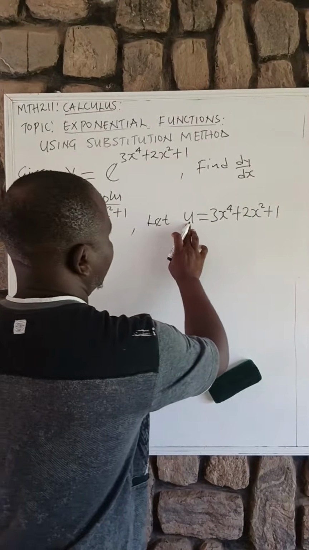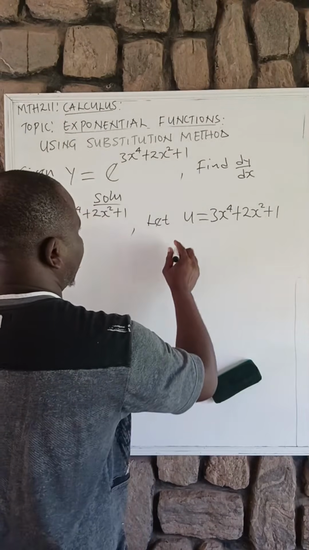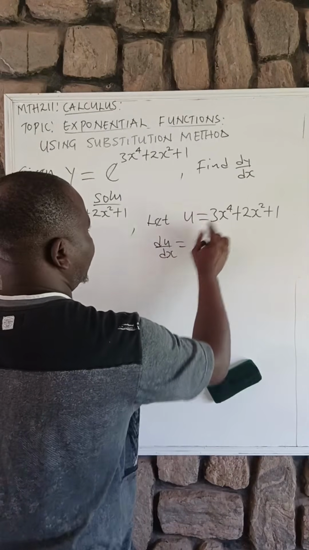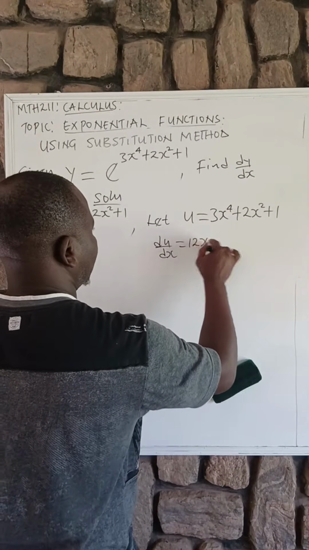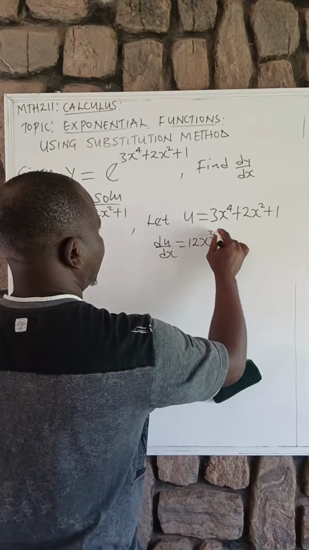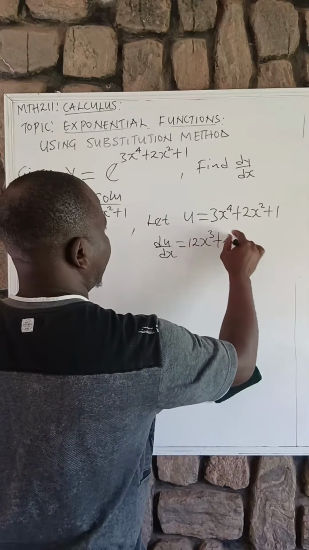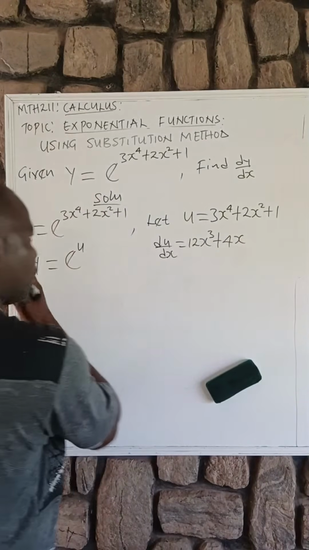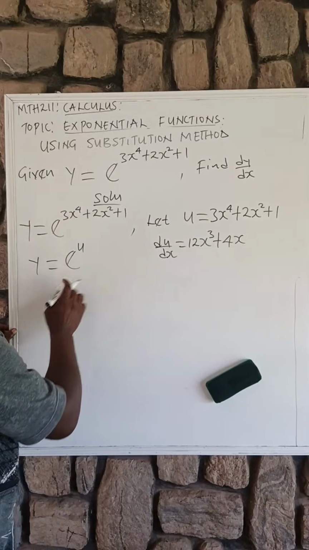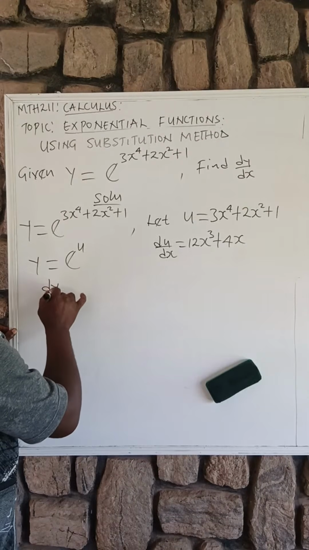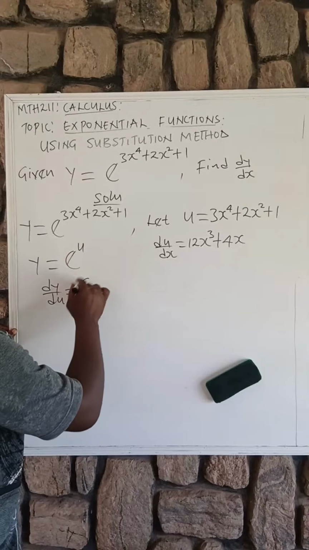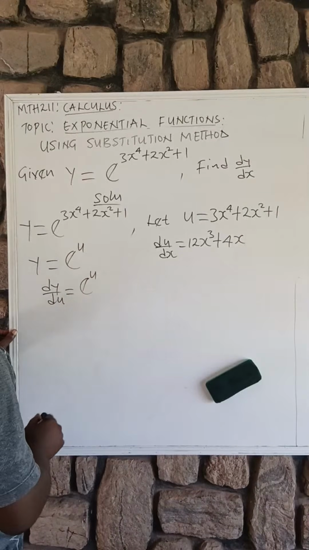So let's differentiate with respect to x. du over dx is going to be 12x raised to power 3 plus 4x, and the constant is 0. True or false? Then dy over du is the same thing, exponential u.